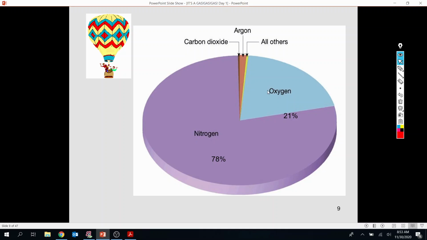21% is oxygen, for which we are very grateful. It allows us to carry out respiration and have our bodies function in a way that we're familiar with. And then most of the remaining, like 2 or 3%, is argon, a very thin sliver of carbon dioxide, and then everything else.